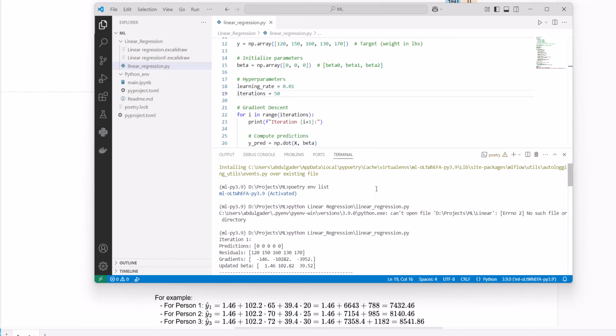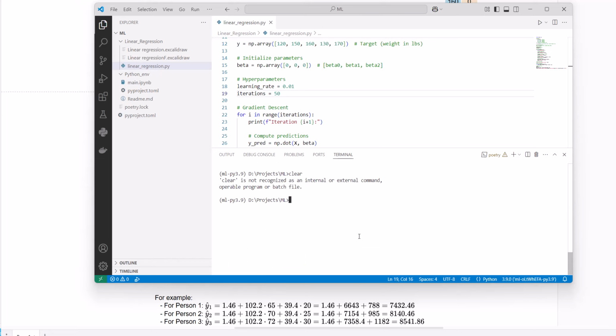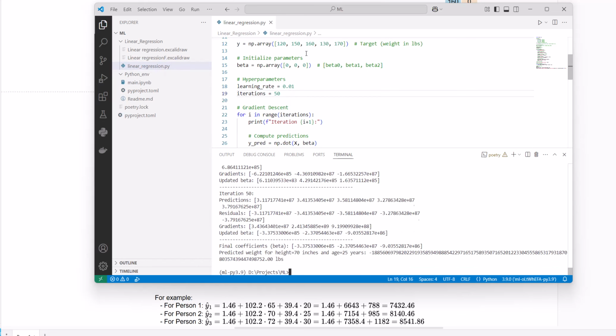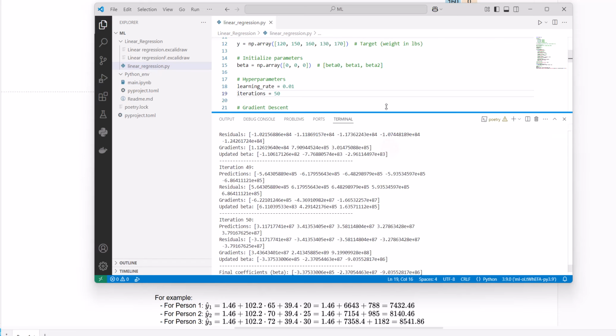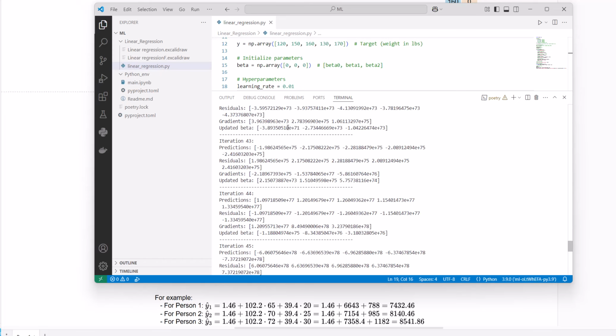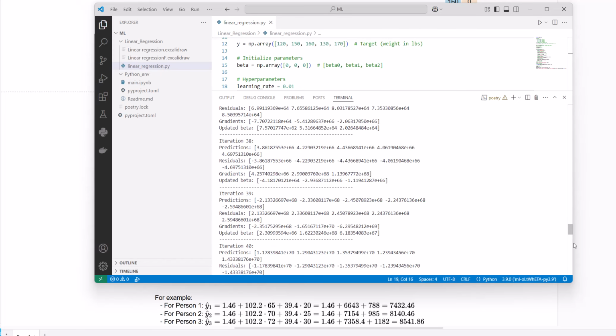Let me just copy the path of this file. And right, so I have 50 iterations. And you can see, let me just show you this. This is almost interesting.